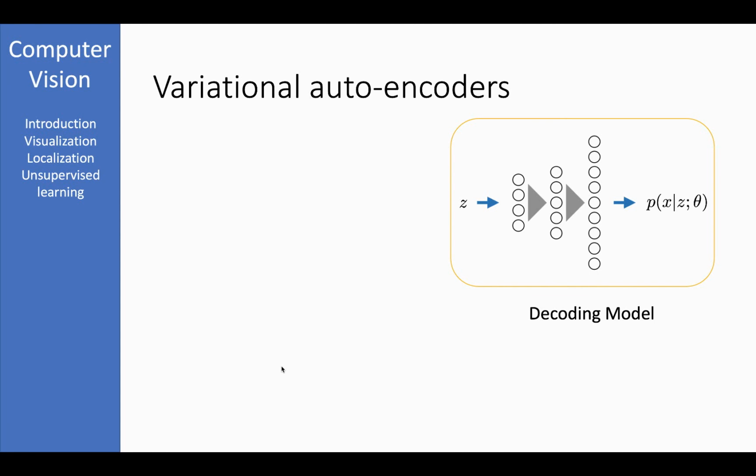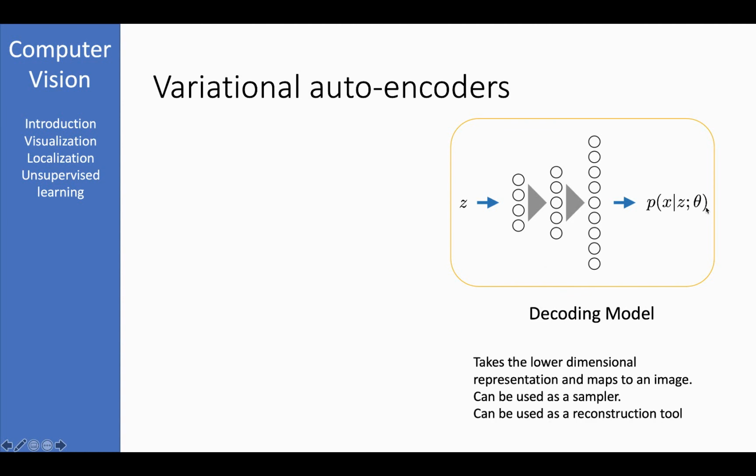How is this implemented? I have two networks. One of them is the decoding network, which we've seen before. It converts a sample in the latent space into a sample in the image space, or rather the probability distribution in the image space. So it takes a lower dimensional representation and maps it to an image. And this itself can be used as a sample, as you can imagine.